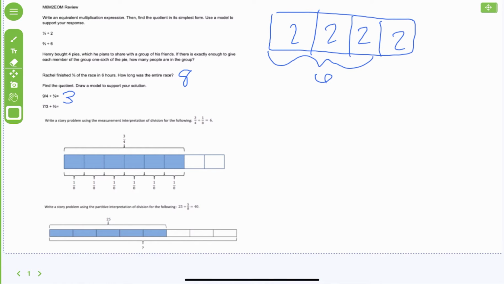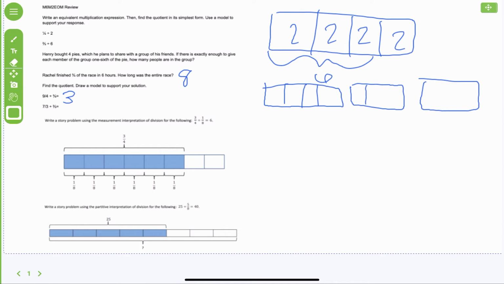So now how are we going to model that? We're going to say 9/4, so that would be all of these, and then this one.